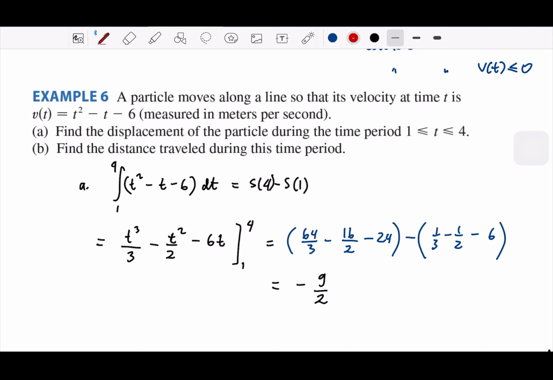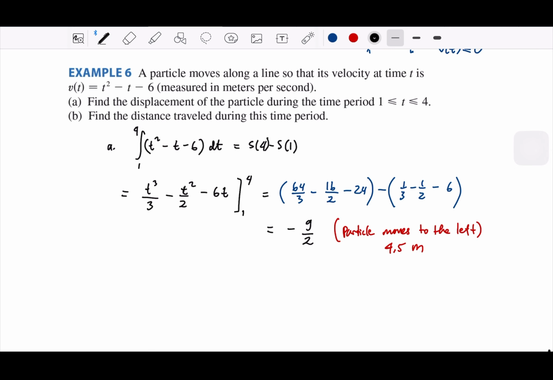So the particle moves to the left 4.5 meters. And this is the displacement.